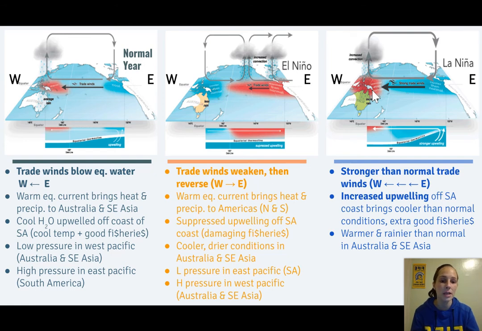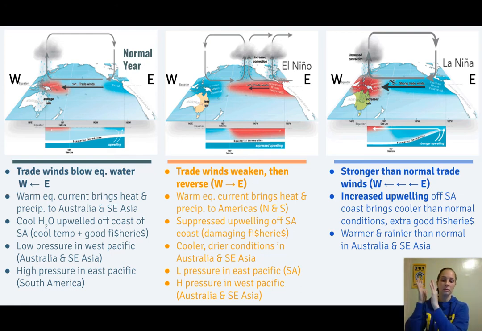This is going to lead to much warmer and rainier conditions over in the Australia and Southeast Asia region. And it's going to lead to way more upwelling over in South America, which is really good for the fisheries, but maybe not so good for lots of rain coming down on areas where flooding can be a concern.